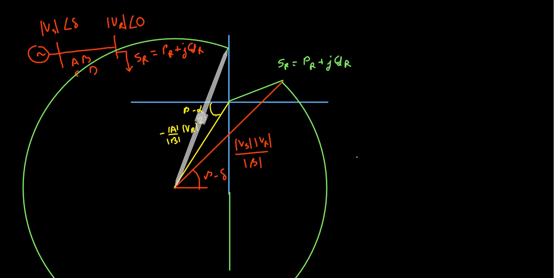Radius is same, in fact new angle. So I will draw another one from here to here. So the magnitude is again Vs VR upon B, but now delta has increased. So this is my new beta minus delta.